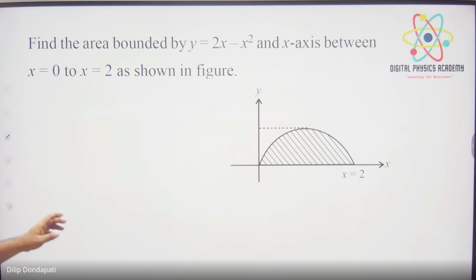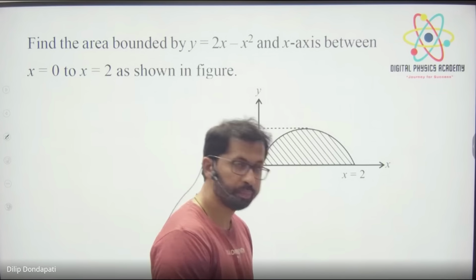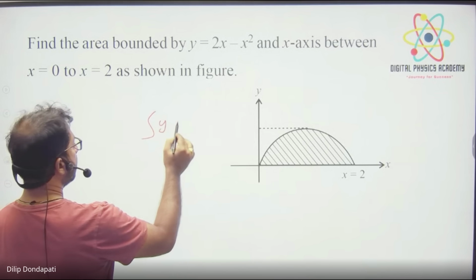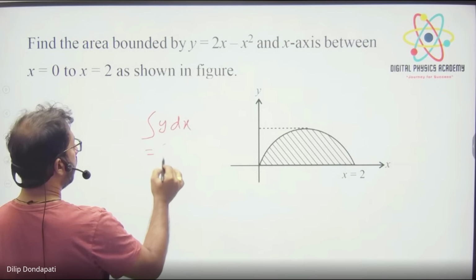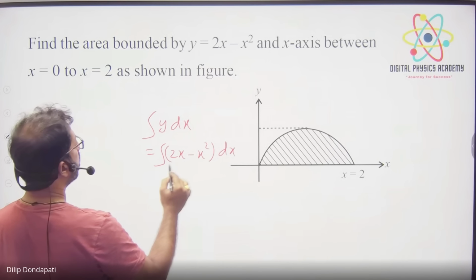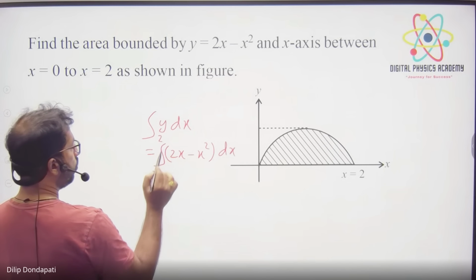Then how much? 4/3. Yes, 4/3 is the answer. Same thing: integral y dx, which is integral 2x minus x square dx. If you solve with limits from 0 to 2, you will get 4/3.